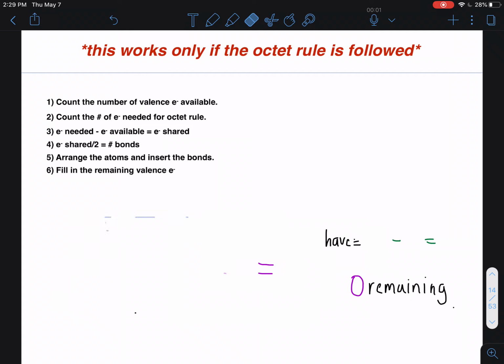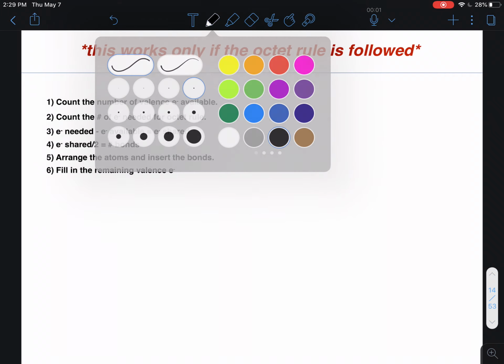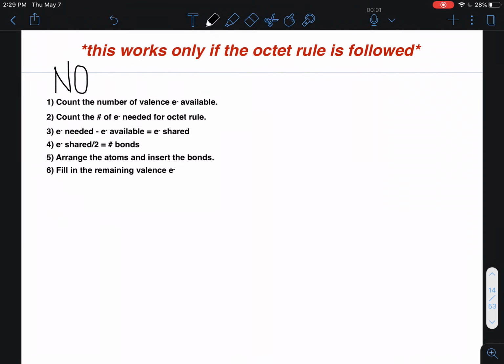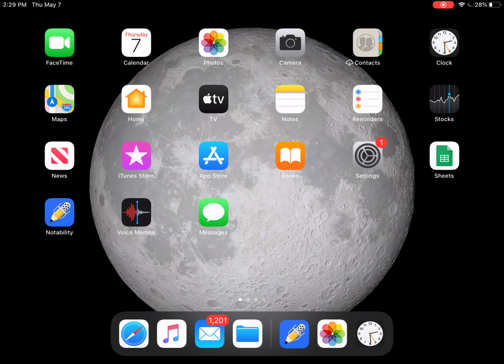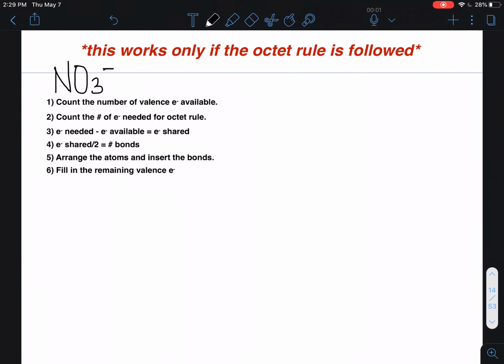Okay, remember NO3, polyatomic ions, Lewis structures. So again, NO3, and you have to take into account the charge. Okay, so to add up the valence electrons, nitrogen has 5, oxygen has 6, and there are 3 of them.